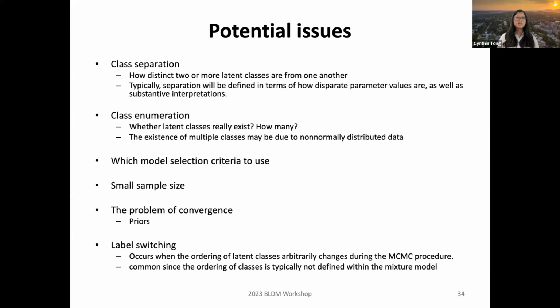The relative class size also matters, like I said about the balance of your groups, right? If we have balanced groups, where all the groups have about the same number of subjects, then that probably gives us the best class enumeration.